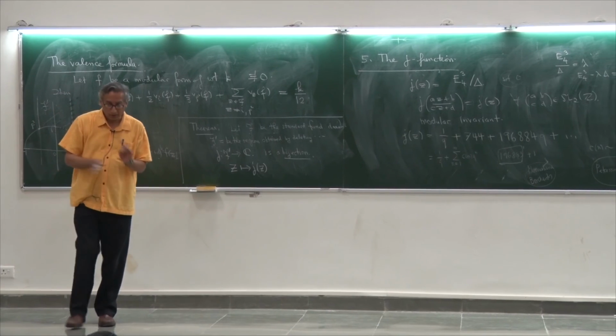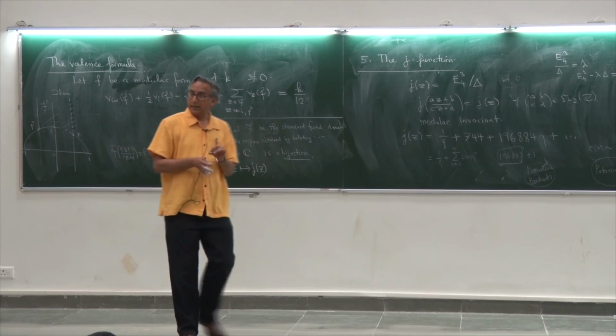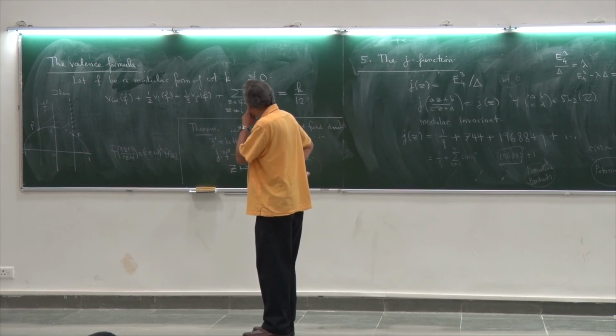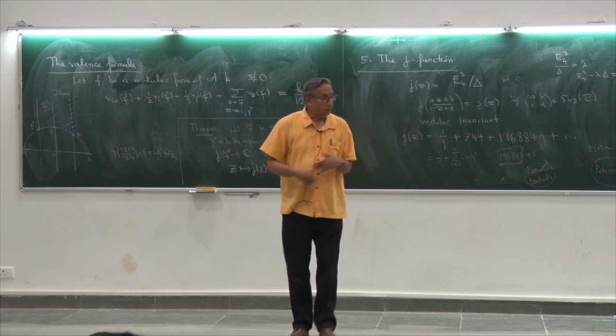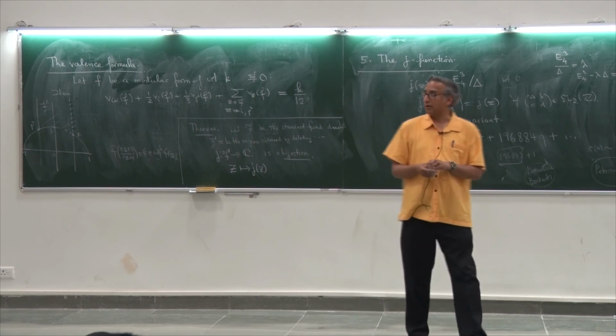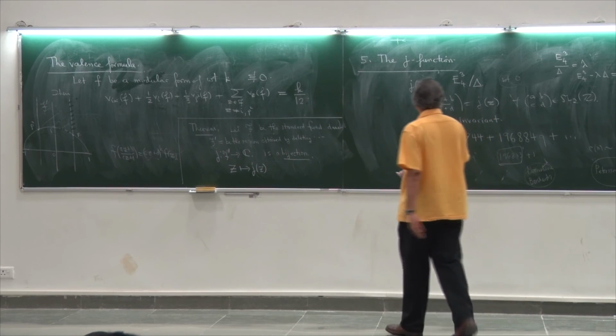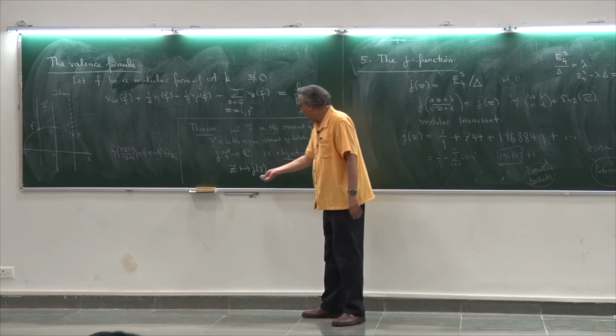So it's kind of what's called a moduli space. And so this is really the tip of the iceberg. It's the beginning of the theory of moduli spaces, which parameterize very interesting arithmetic objects. And the J function is a very important function from that standpoint.